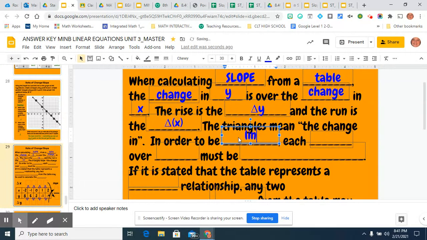In order to be linear, each rise over run must be a fractional equivalence.